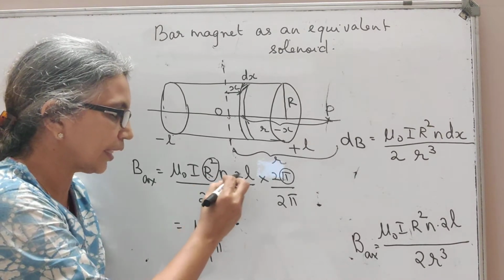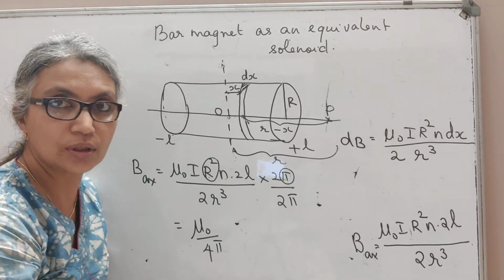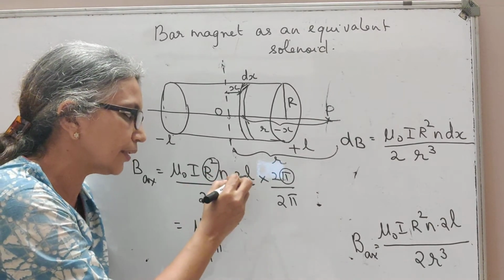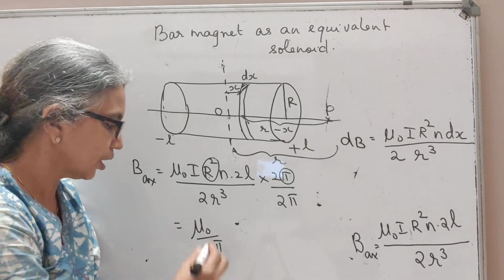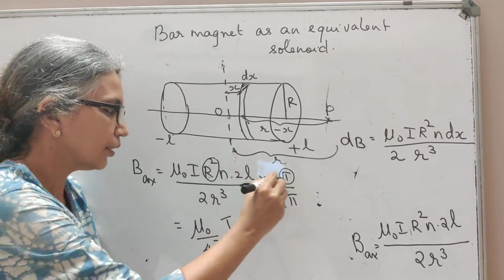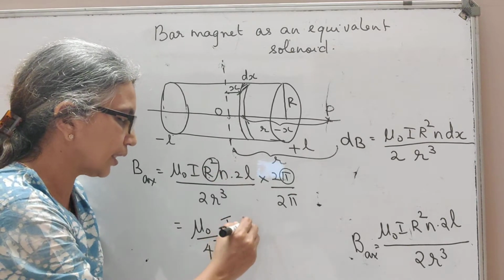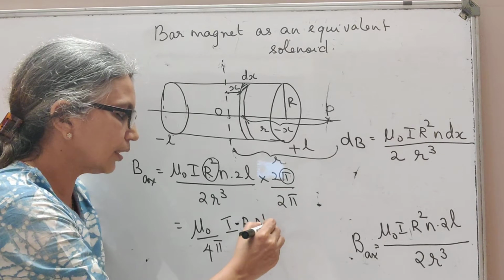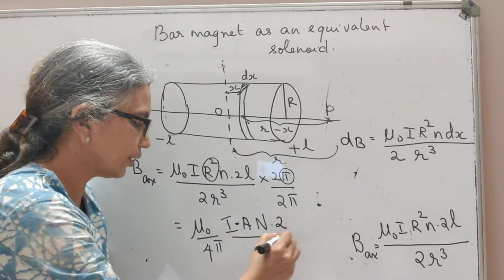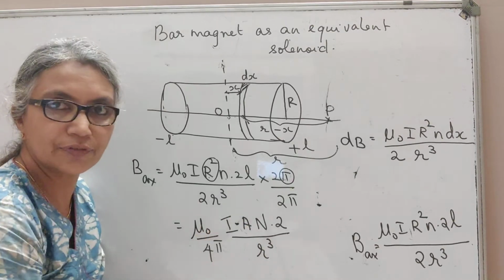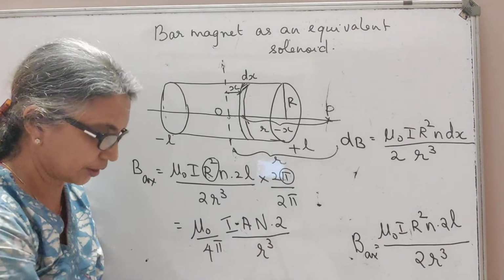So if I multiply n into 2l, I should get the total number of turns, capital N, because this is number of turns in unit length multiplied by the total length of the solenoid. So that's what I'm going to replace. This is I here. Then the pi r square I'll write as A. Then this n into 2l I'll put as capital N. Then there is a 2 here divided by r cube. This NIA, as we know, is the magnetic dipole moment.